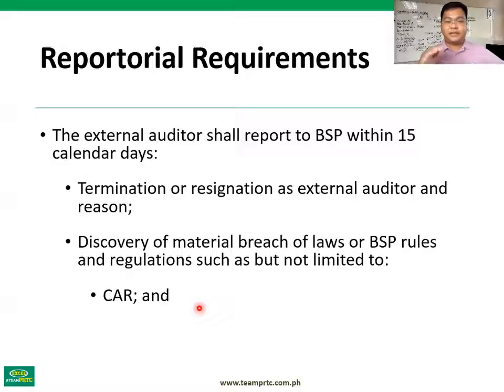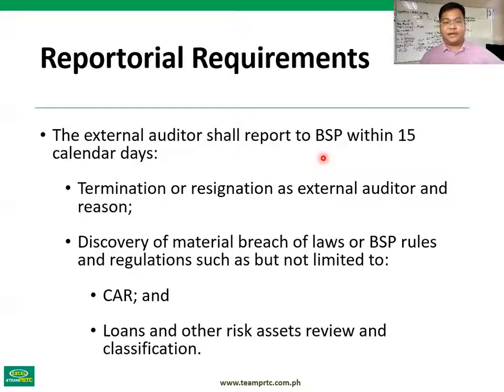So because BSP set threshold of capital adequacy ratio for banks. So if the bank failed to observe that threshold mandated by BSP, so you should also report that to BSP within 15 calendar days. And finally, last, we have loans and other risk asset review and classification by the bank.